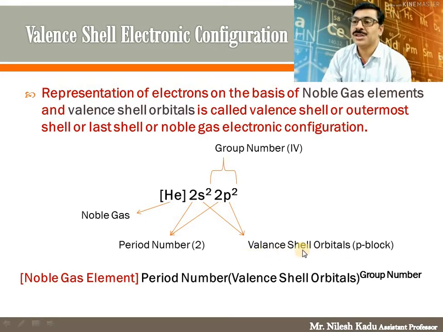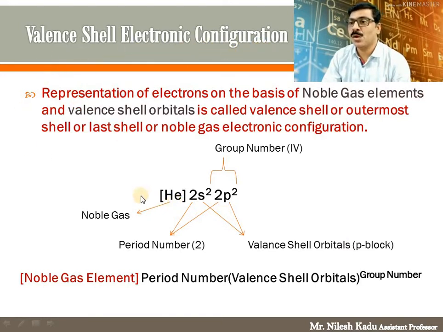The combination of both, that is representation of electrons on the basis of noble gas element and valence shell orbital, is the valence shell electronic configuration.